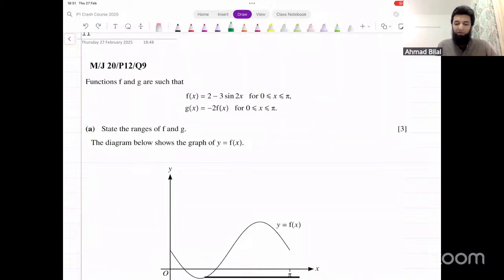So in order to find the range of this function, all we have to do is replace sine 2x with -1 once, and then replace it with 1. That will give you the extreme points of f of x. That's one way to do it.